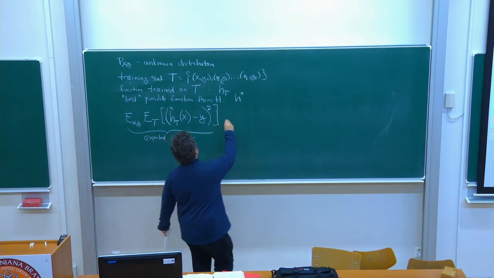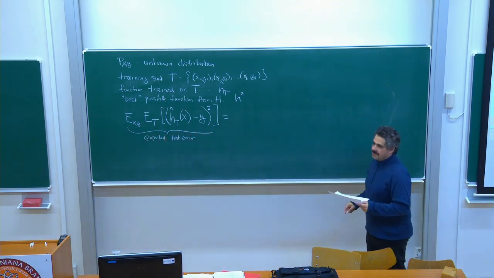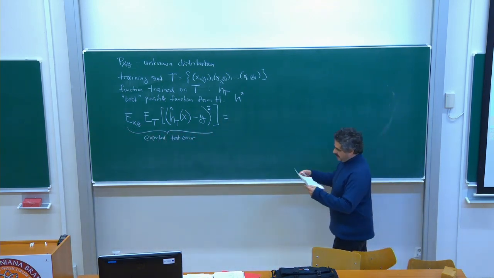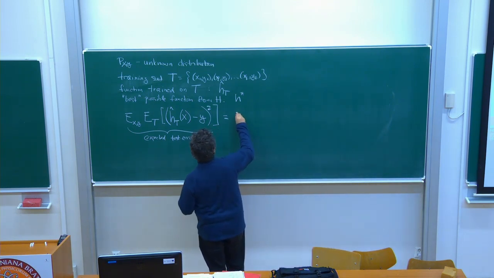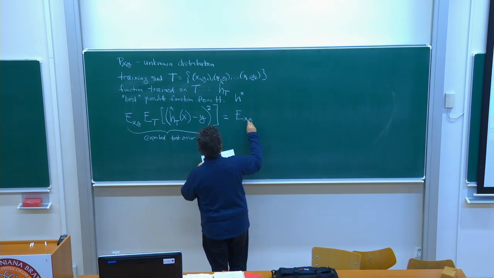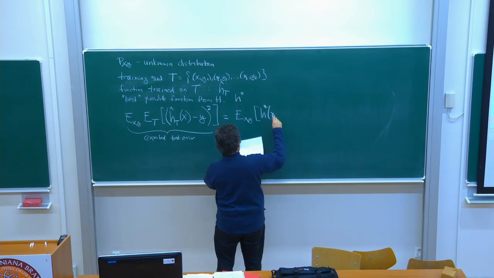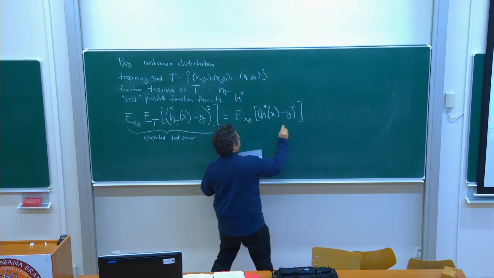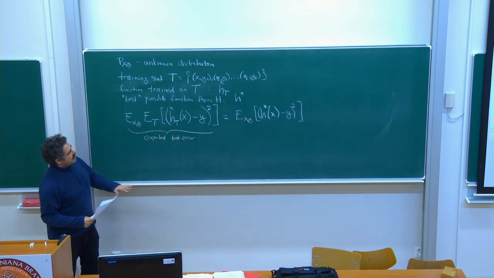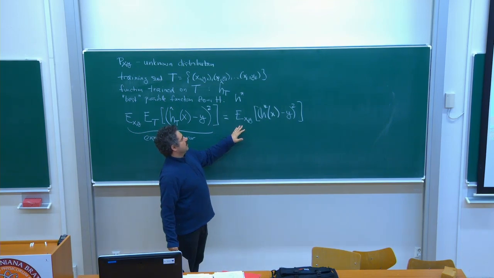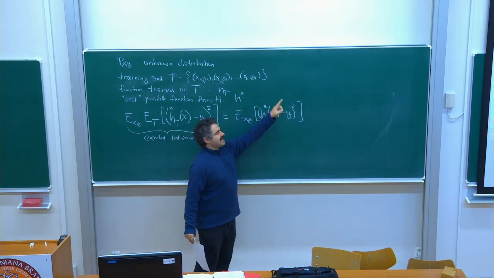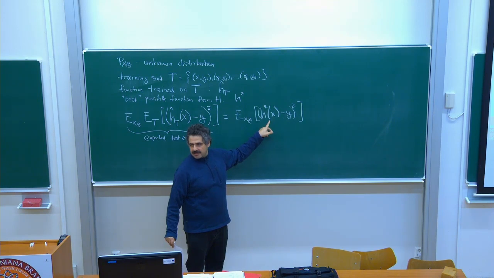And then we have figured out last time that this can be decomposed into two parts. One is called bias, and this is basically the expected error rate of the best ever function that we could get from our hypothesis set.